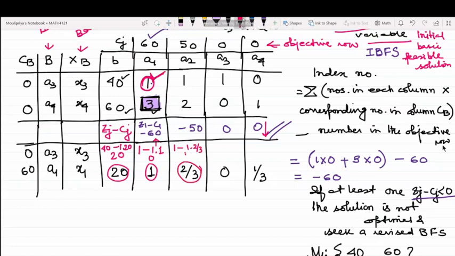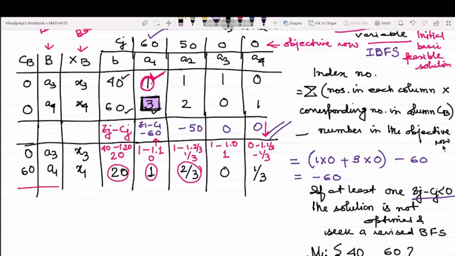So this is 1 by 3. How about this element? It was initially 1, minus 1 into 0, so it remains 1. And how about this one? It was initially 0, minus 1 into 1 by 3. So this is minus 1 by 3. Are we okay with this?